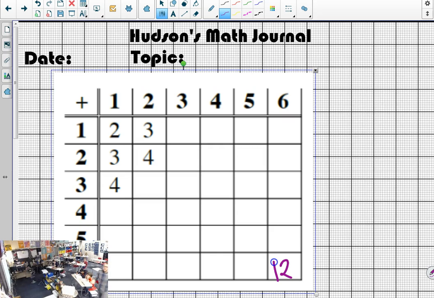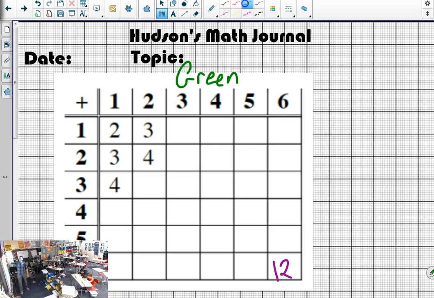So in your group, you might have green and red, or green and white. Whatever two colors you have, imagine that one of these is your one color, and the other one is the other color that you have. The two different dice.